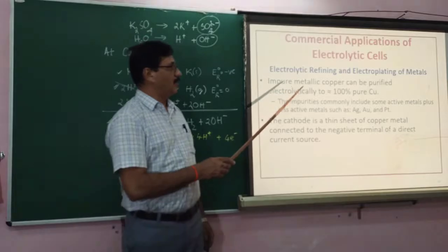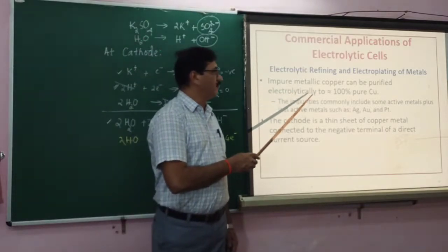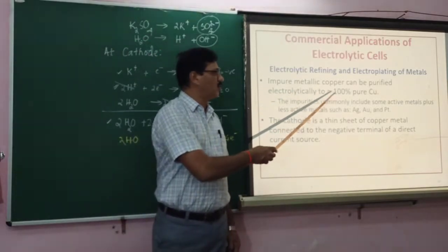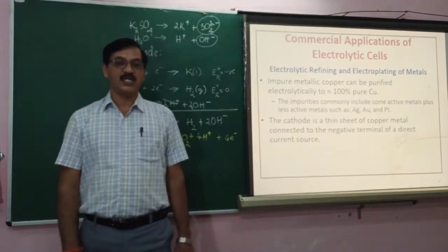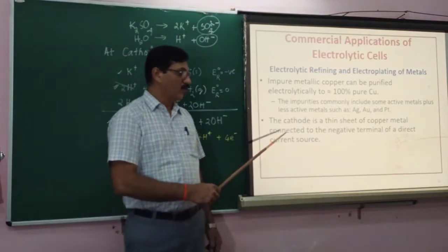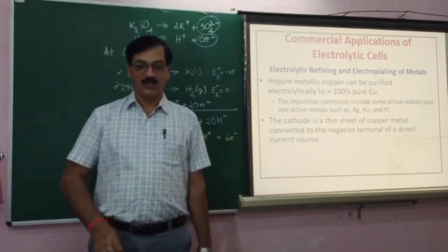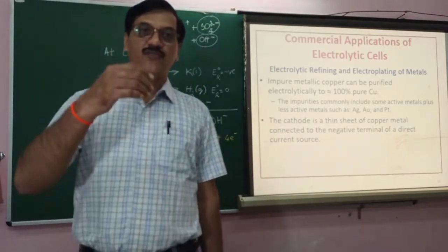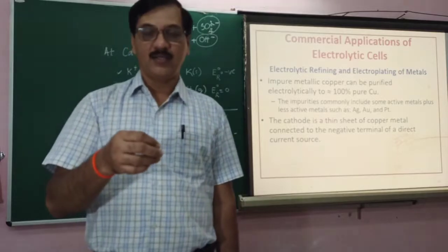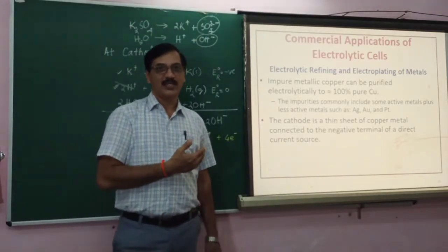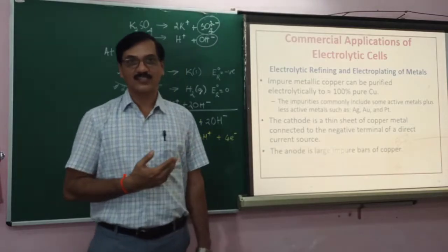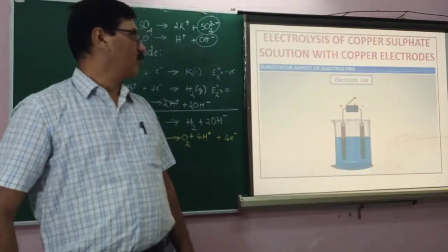Impure metallic copper can be made almost 100% pure copper by refining. And you can do a coating of gold over copper by using these principles of electrolysis. Let us try to see. It is interesting how this exactly occurs.